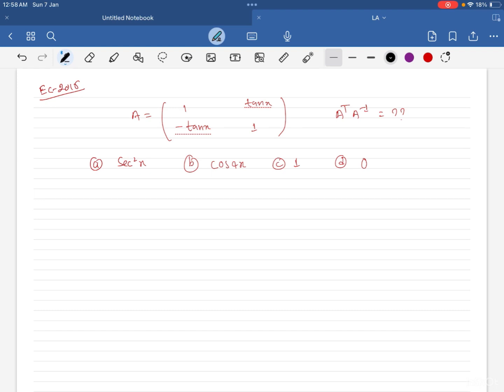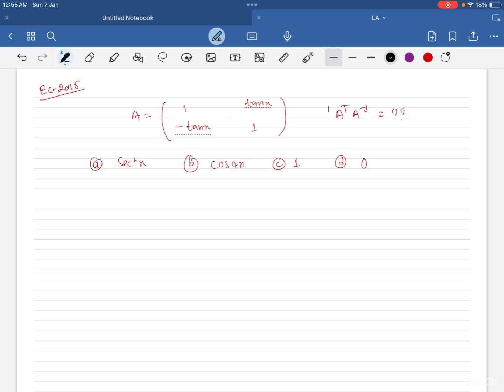Okay, so here we have been given this matrix A and we have to find the determinant of A transpose A inverse, right?